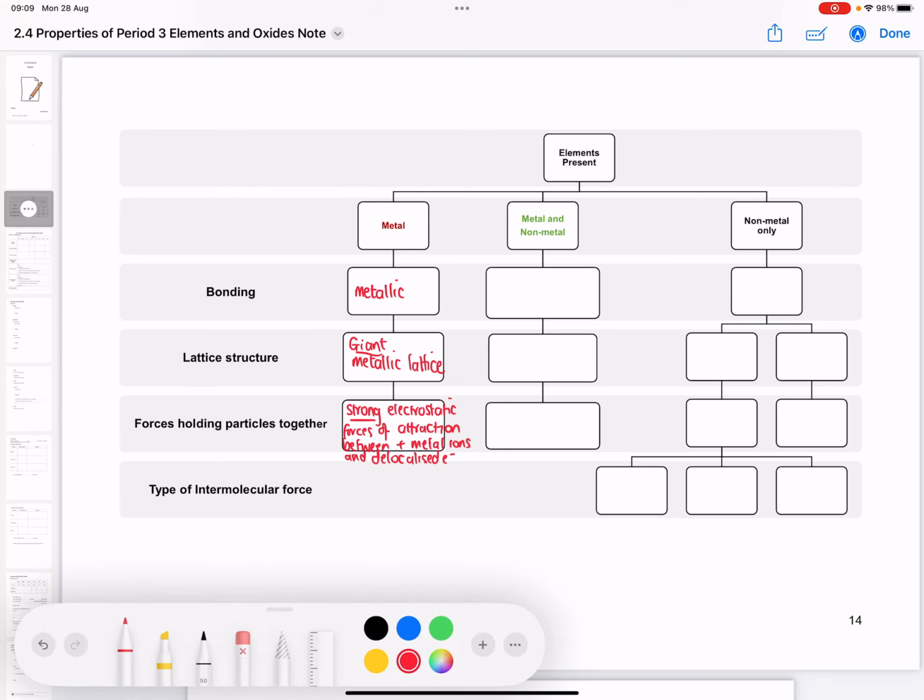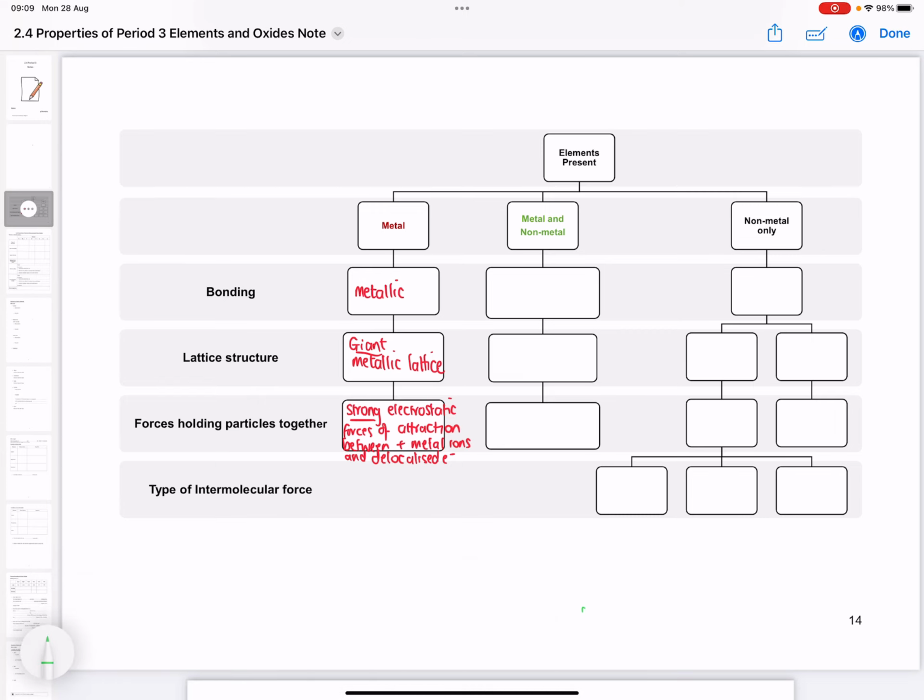And then if we're looking at the combination of a metal with a non-metal, so maybe sodium chloride, potassium oxide, then we would say our bonding is ionic. That's electrostatic forces between oppositely charged ions. We'd say our structure is a giant ionic lattice.